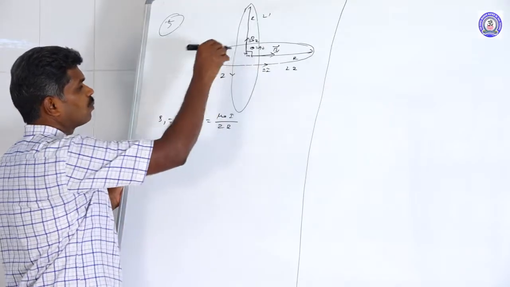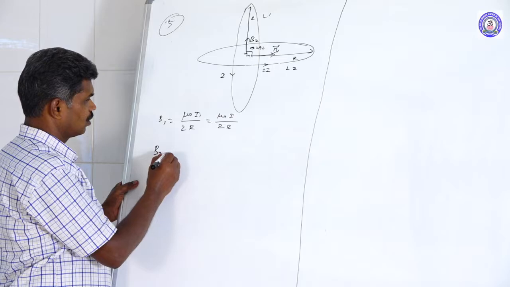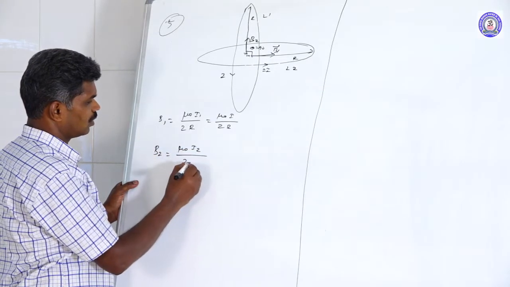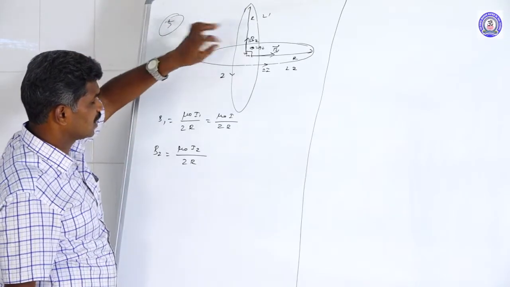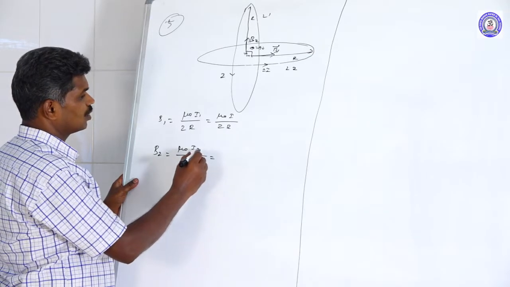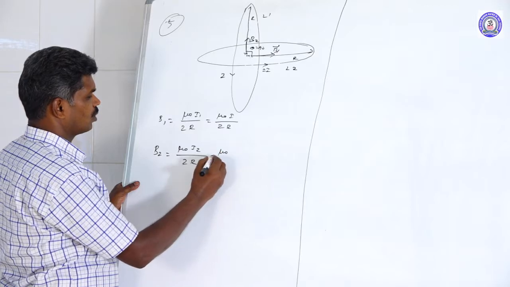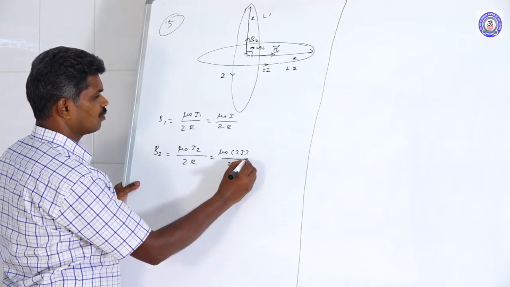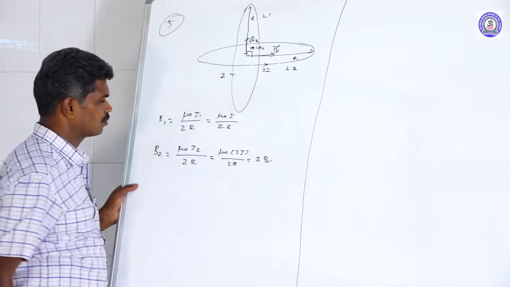For the second loop, magnetic field B2 is equal to mu naught I2 divided by 2R. At the same common point, the center of the second circular loop, mu naught I2 by 2R. Instead of I2 we have 2I, so mu naught into 2I divided by 2R. We consider that the value is 2 times B1.